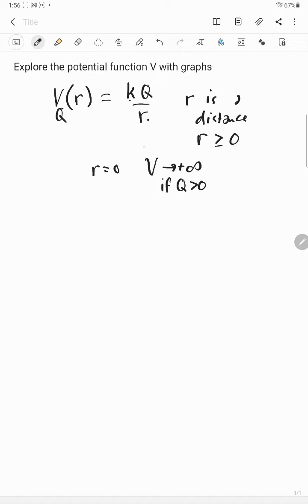R is a distance, which is necessarily positive or 0. And Q could be positive or negative. But if Q is positive, then I've got the product and division with positive numbers only. So V is only positive. The potential is positive. And if I evaluated R equals 0, I get infinity, right?